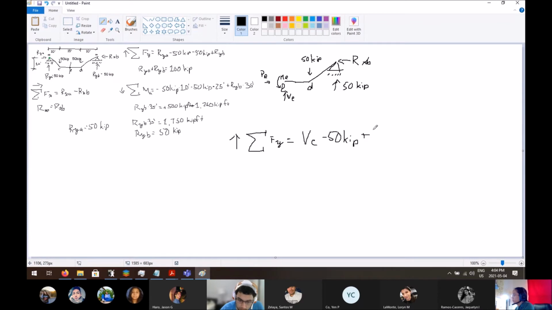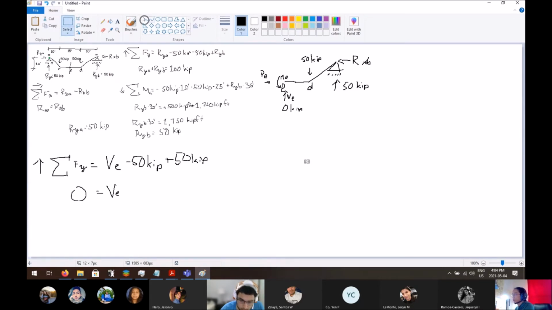We have an up 50 kips, plus 50 kips. So this has to equal 0. And these cancel out, so VE minus 50 kips plus 50 kips, and so VE is equal to 0. There's 0 kips of shear force.